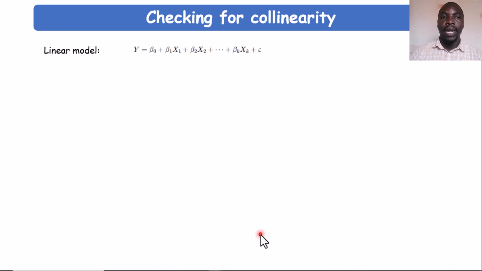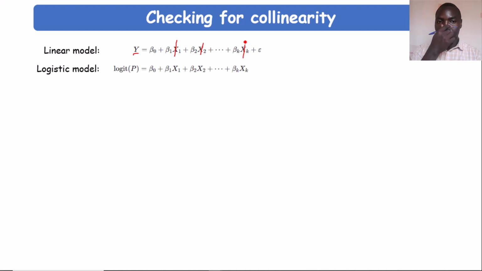When you're checking for collinearity, there are 3 basics that I want us to first remind ourselves. Number 1 is about our linear model. In linear regression, in our previous videos, we saw that our outcome has a linear relationship with our independent variables, a direct linear relationship. But when it comes to the logistic regression model, this is not the case.